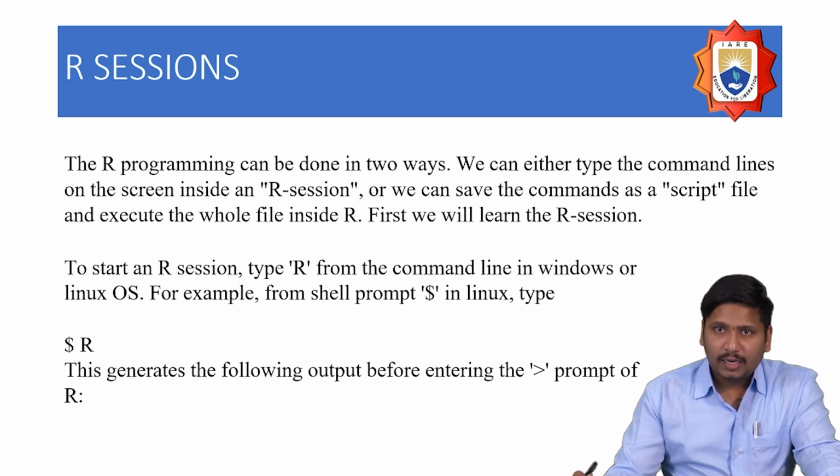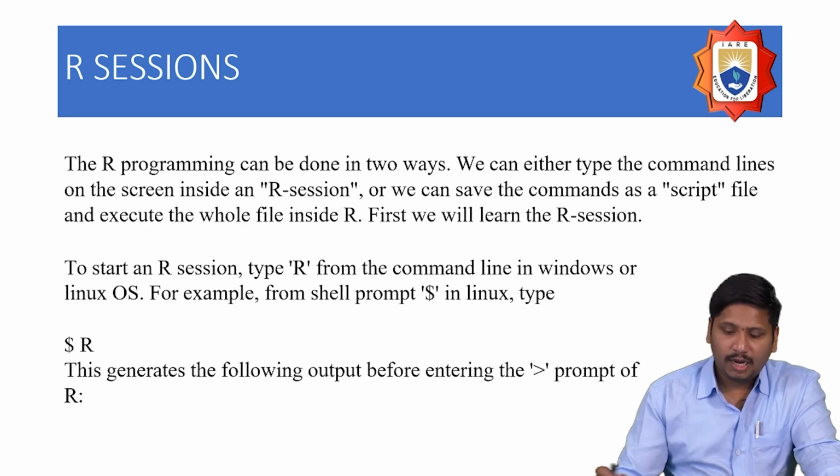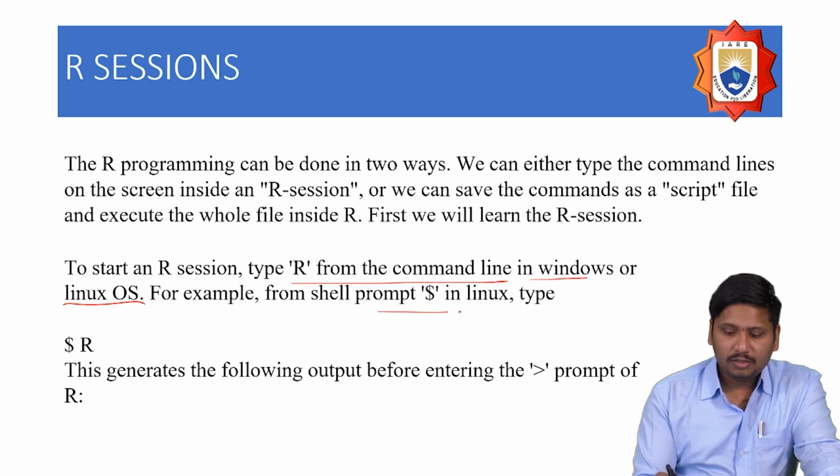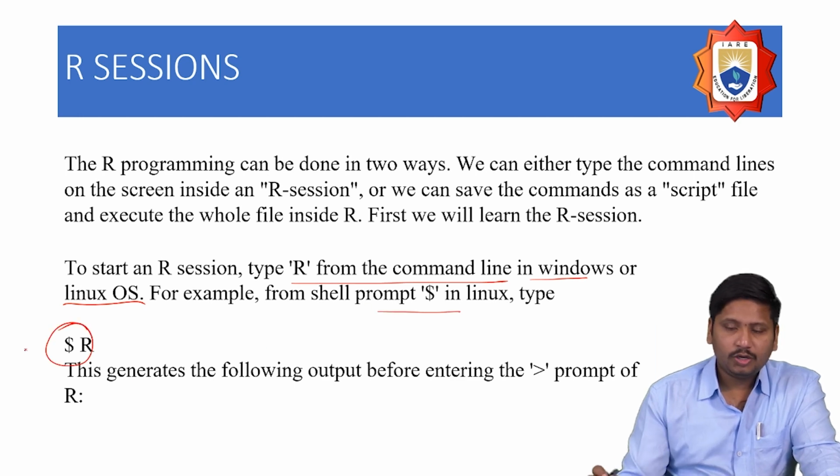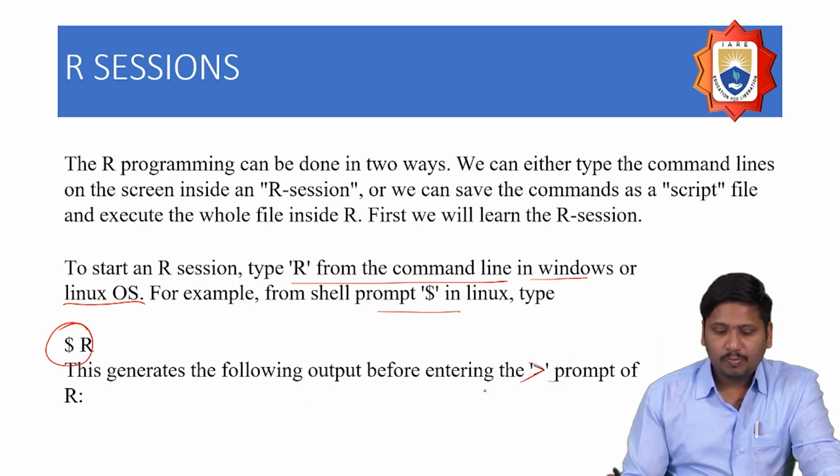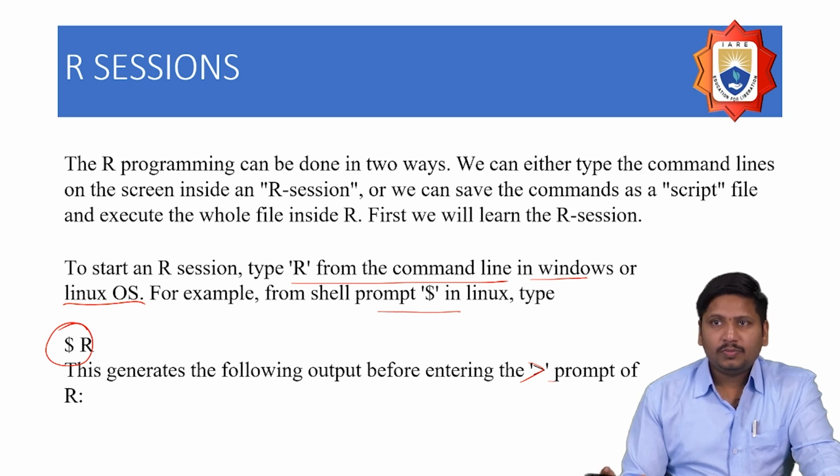In order to start this R session, first type R as the command line in the Windows or Linux operating system. From the shell, the dollar prompt comes, so type R, and it generates this prompt here. So R sessions will be of two types.